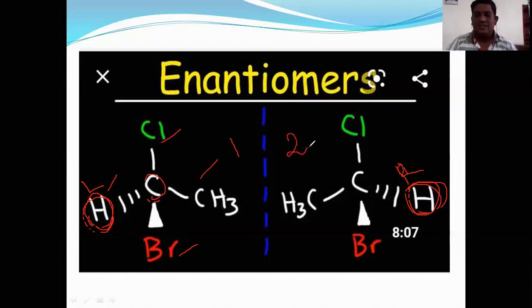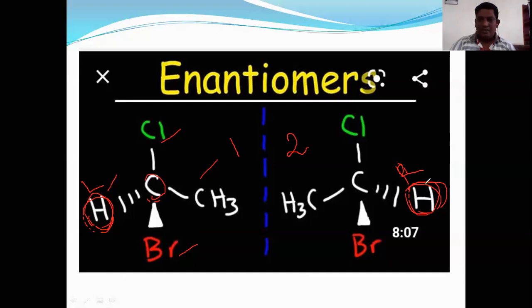What is the first condition for enantiomer? It must contain a chiral center: Cl, hydrogen, bromine, methyl, 1, 2, 3, 4. A not equal to B, B not equal to C, C not equal to D. So this carbon is known to be a chiral carbon. Now I will take the mirror image, 2: carbon, Cl, hydrogen, bromine, methyl.